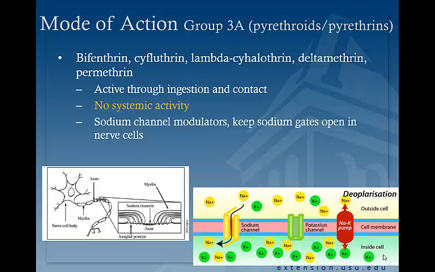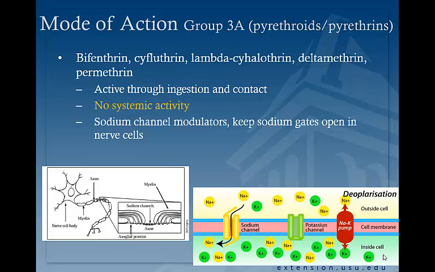Now, the gate closes, and then sodium gets pumped out of that cell, and then the nerve relaxes. What these insecticides do is keep this little gate open. So sodium flows in, you get a nerve impulse. The gate never closes, so sodium keeps flowing in, the nerve keeps on firing, the insect becomes paralyzed, and eventually it dies.